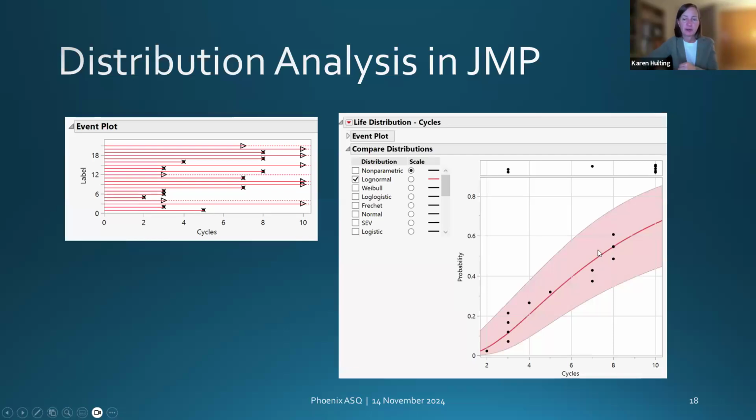That looks kind of familiar from the Minitab. Now, in both cases, there are a lot of adjustments you can make to how these graphs appear. I'm demonstrating here the most default appearance of all of these analyses. There's a whole lot that you can do in both Minitab and in JMP in reliability analysis, but I want to just show you what it looks like in both programs.